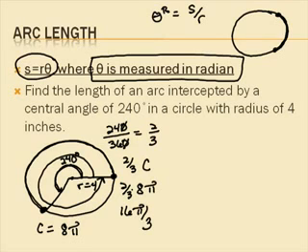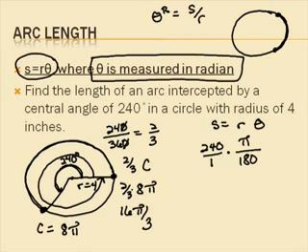Now let's use our formula here. So our formula says to find the arc length, we take the radius times the angle, but the angle has to be in radians. So the first thing we have to do is convert. Our angle is 240 degrees. We've got to convert it to radians. So 180 degrees is equivalent to pi radians.